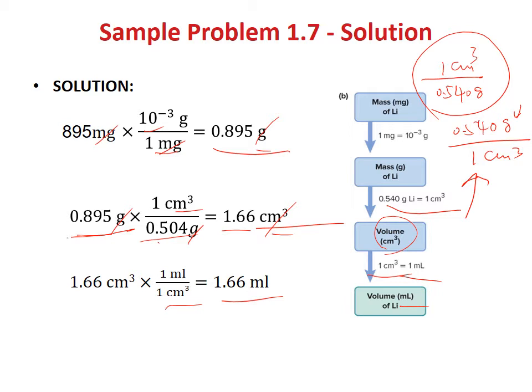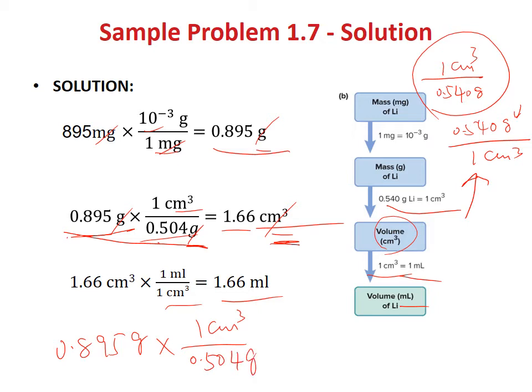For example, this step gives you cubic centimeter: 0.895 gram times 1 cubic centimeter per 0.540 gram. Without stopping at that answer, we can multiply by the second step, 1 milliliter per 1 cubic centimeter.